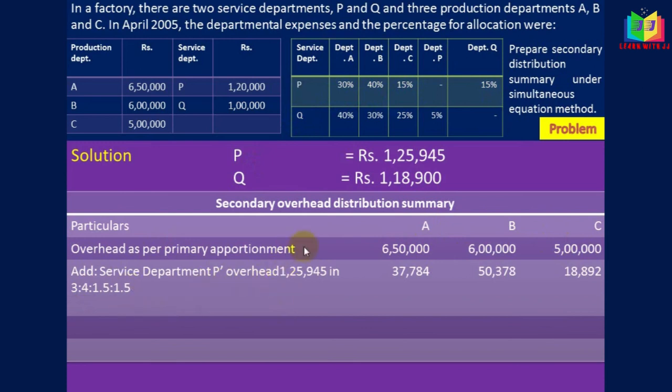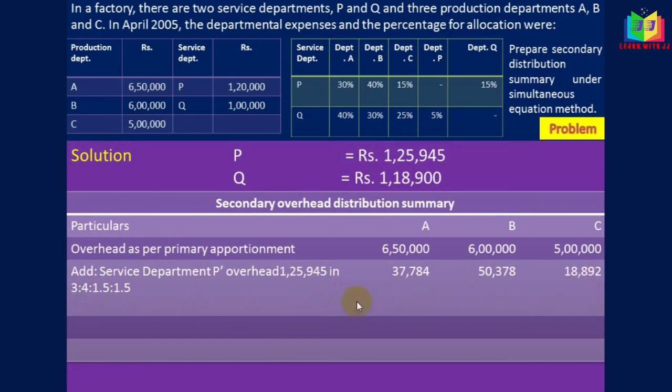Allocating in this ratio, we get 37,784 for A, 50,378 for B and 18,892 for C. This is 1,25,945 into 3 by 10 for A, 1,25,945 into 4 by 10 for B, and 1,25,945 into 1.5 divided by 10 for C.